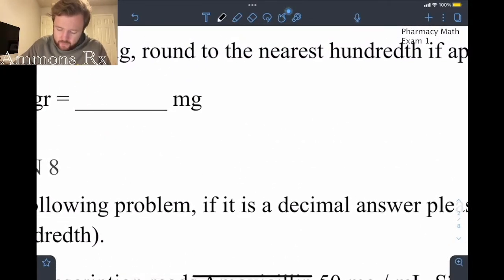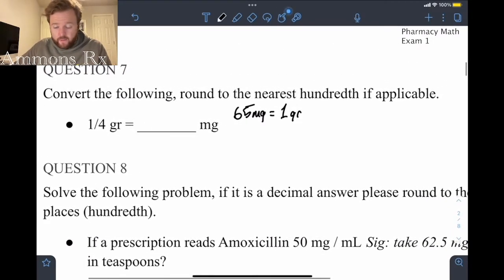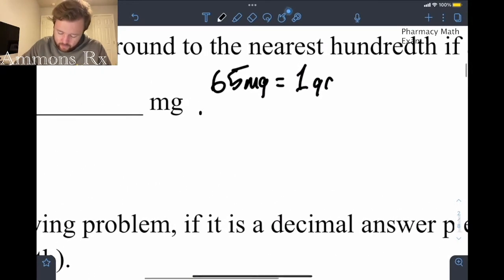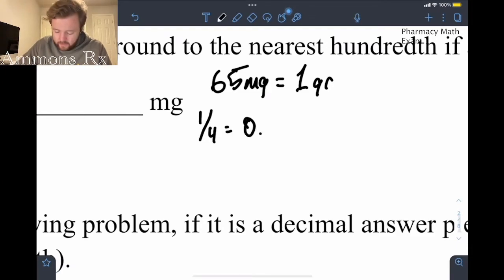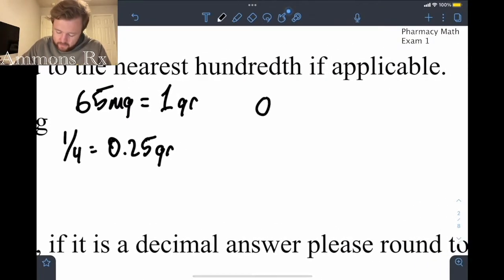All right, grains, milligrams. Right here, first thing you need to do is write your relationship. And if you remember, there are 65 milligrams in 1 grain. Okay. With that being said, now you have all three numbers you need for your proportion. But if you have 1/4, it might confuse you if you put that in your proportion. So we're going to convert that into a decimal. Okay. So that is 0.25 grains. How many milligrams?